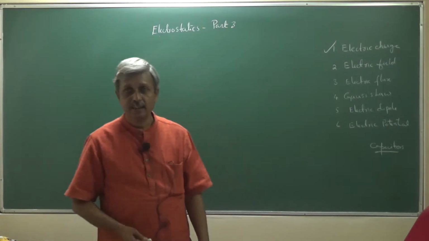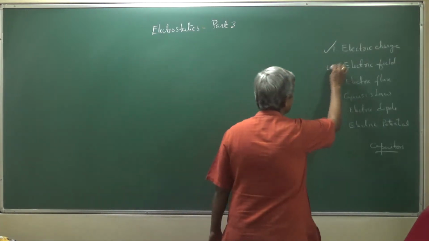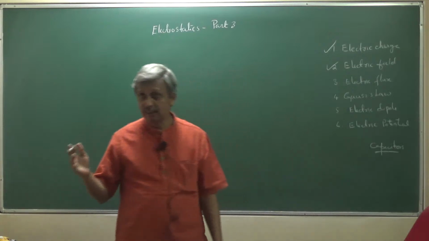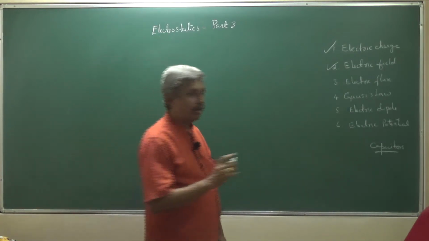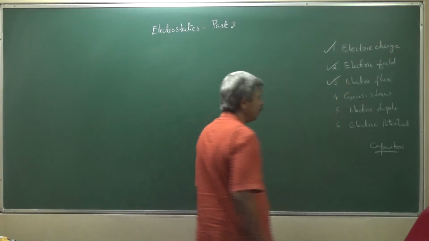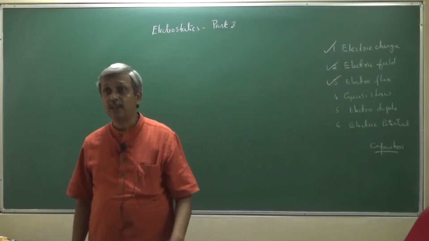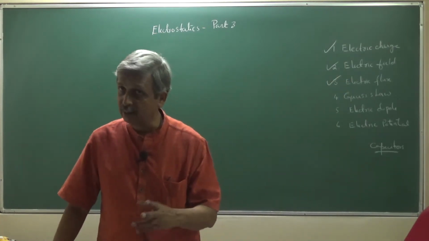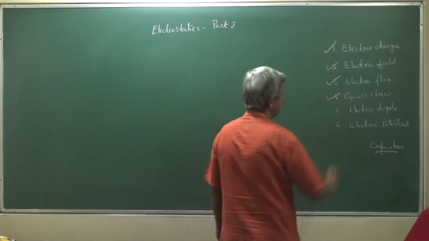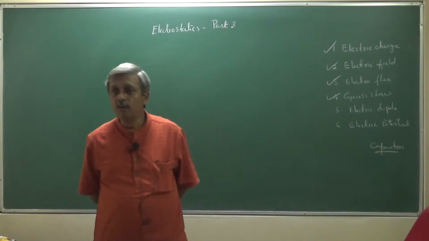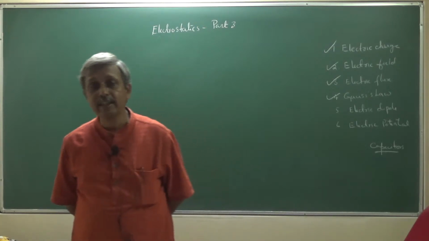We also learned about electric flux, which is electric field into the area. And we studied Gauss law and how to use it in some applications. So these four we have finished. Now we are left with the concept called electric dipole.